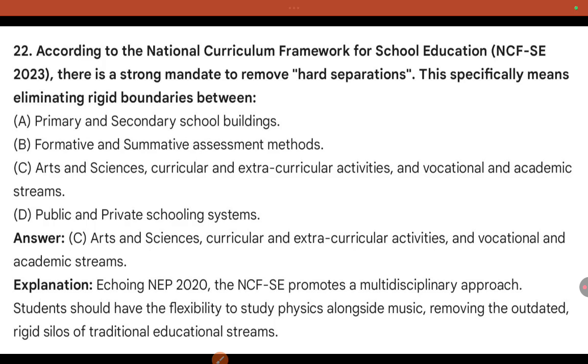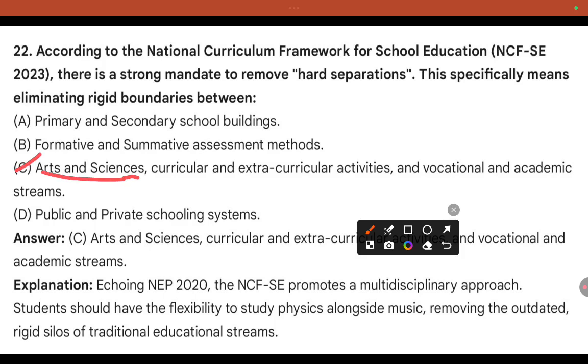This specifically means eliminating rigid boundaries between: A. primary and secondary school buildings, B. formative and summative assessment methods, C. arts and sciences, curricular and extracurricular activities, vocational and academic streams, D. public and private schooling systems. So here is the answer: C.